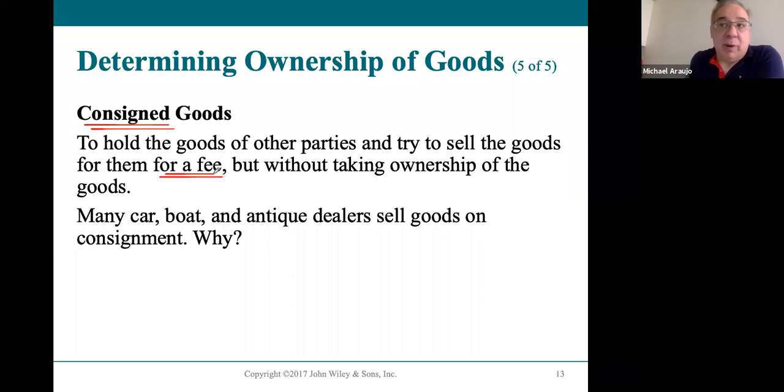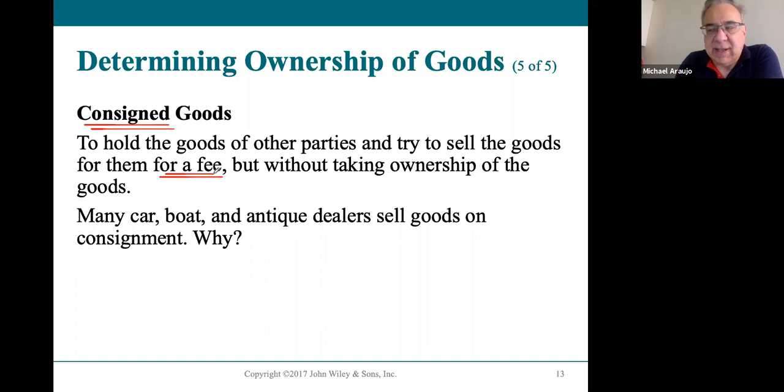This happens in supermarkets a lot. If you think about a supermarket, not every product in the supermarket is actually purchased by the supermarket. There are some where you look at the chip aisle, you look at the soda aisle. Basically, it's all rented space. Those are all consigned goods.